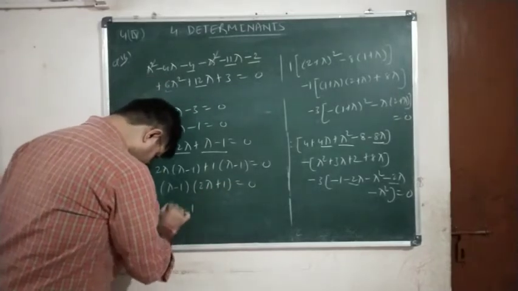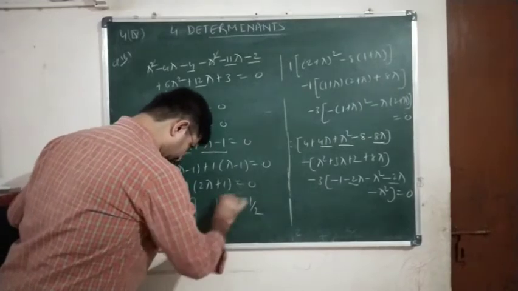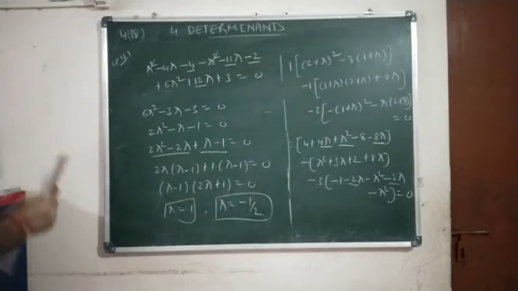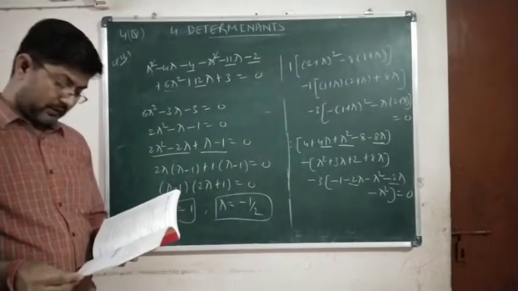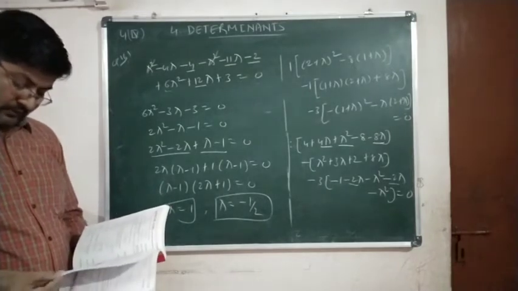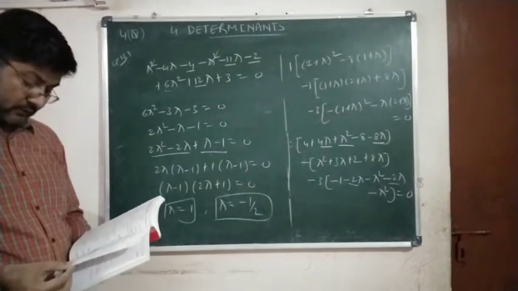Therefore, lambda is equal to 1, or lambda is equal to minus 1 by 2. So we have got the two values of lambda. This was question number 16. Clear? I hope you have understood this one.